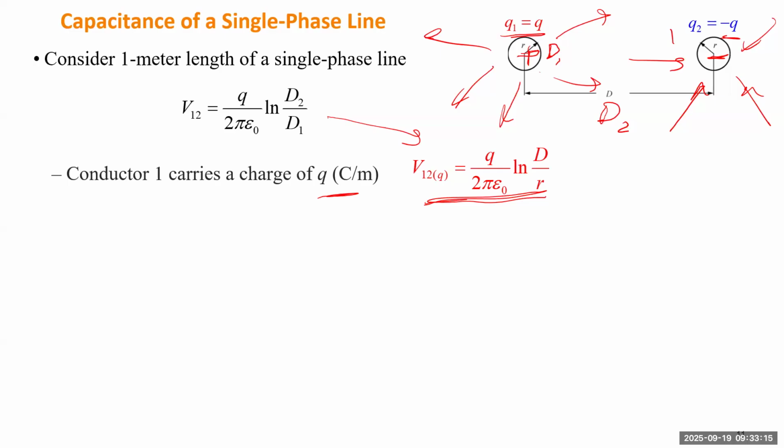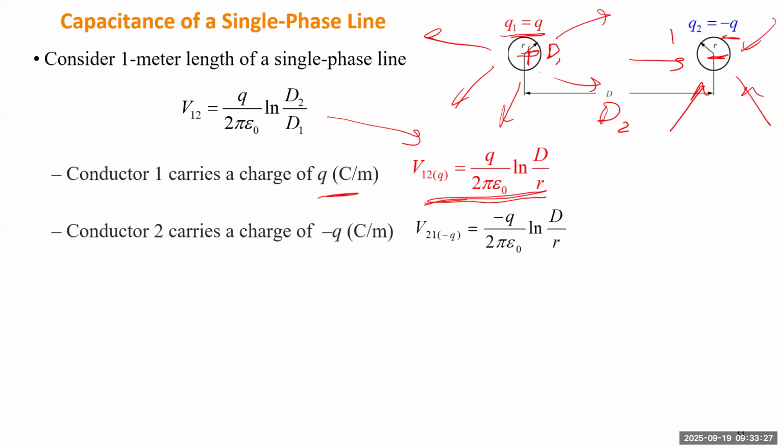Your second conductor has a negative charge that creates another electric field, and also generates some potential difference between the two distances. So we also need to consider that one. We consider conductor 2 carrying a negative charge. Basically it's the same formula, we just swap between 1 and 2, and replace Q by negative Q. That's just an application of exactly the same formula.